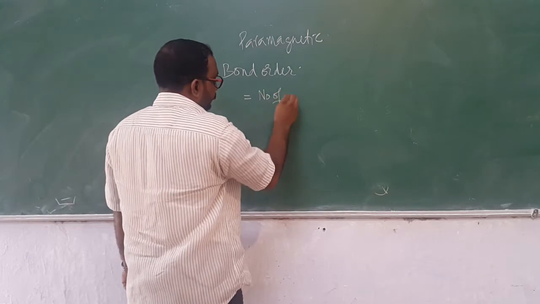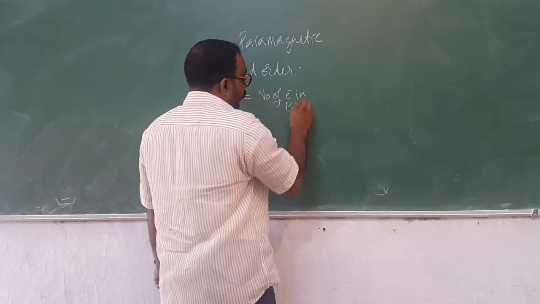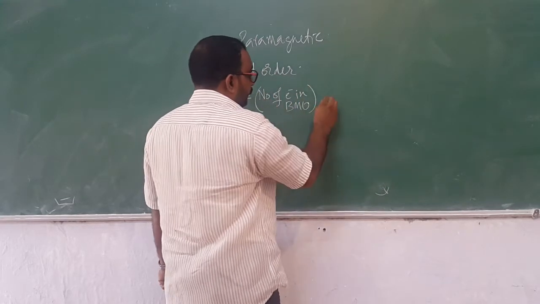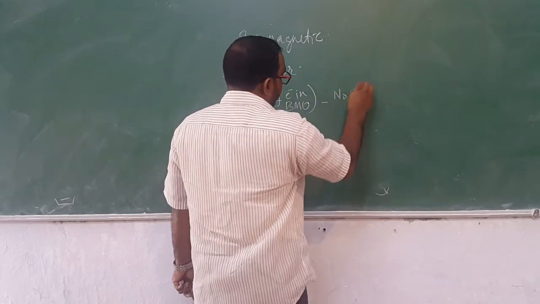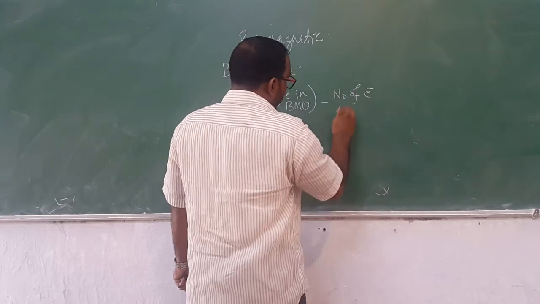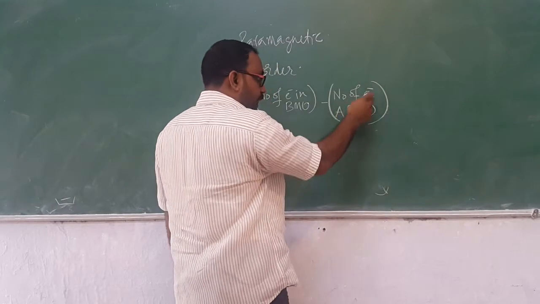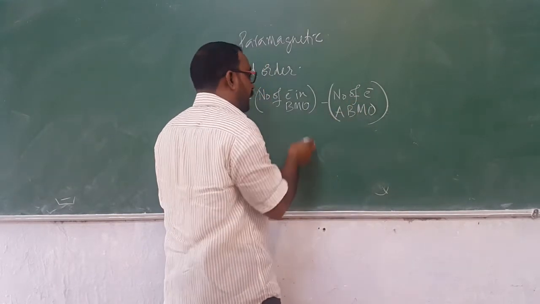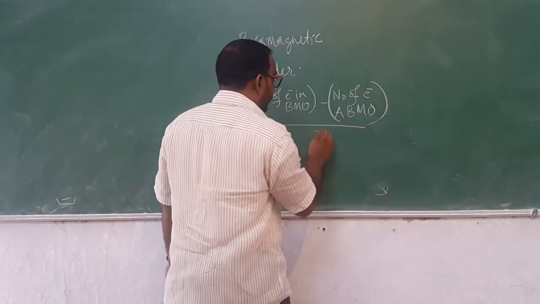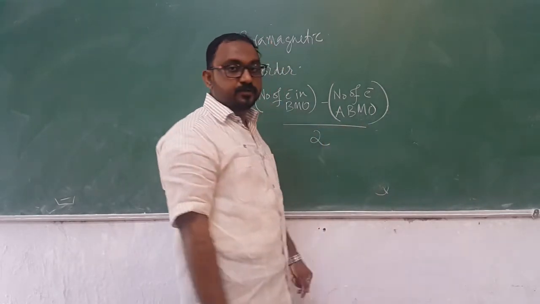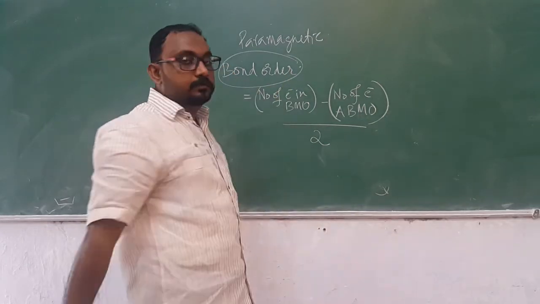You subtract the number of electrons in anti-bonding molecular orbitals from the number of electrons in bonding molecular orbitals, and you divide it by 2. That's what we call bond order.